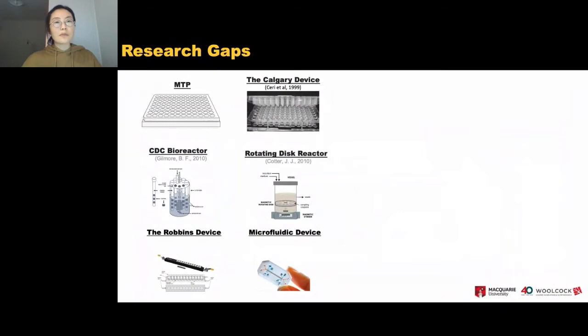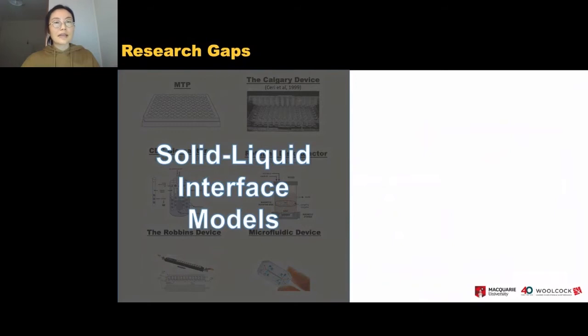Current models for biofilm research, such as microtiter plate-based models, the Calgary biofilm device, the rotating disc reactors, and the microfluidic device, produce biofilms on solid attached structures that are completely submerged in liquid media and do not include a combination of essential environmental parameters such as air-liquid interface, airflow, and hydrodynamic flows.